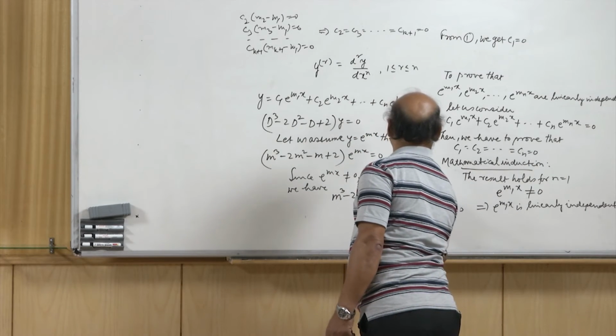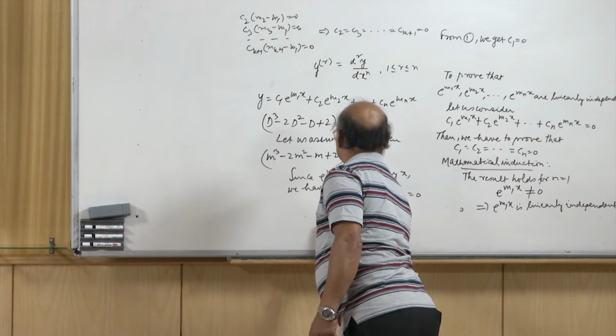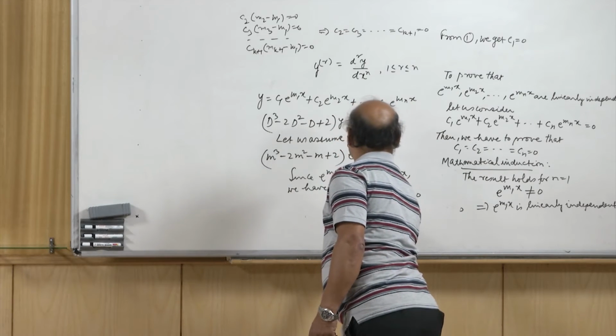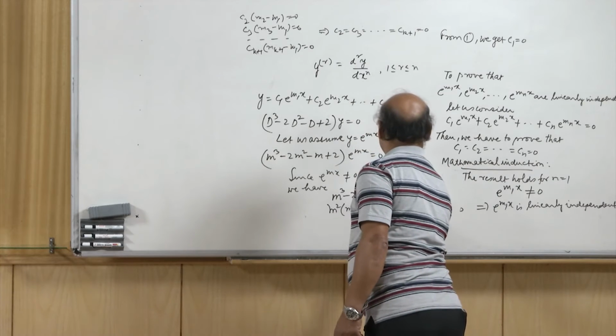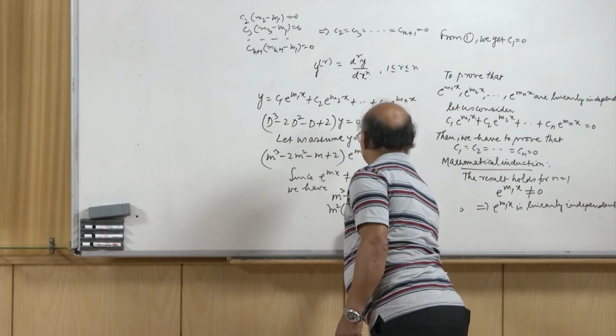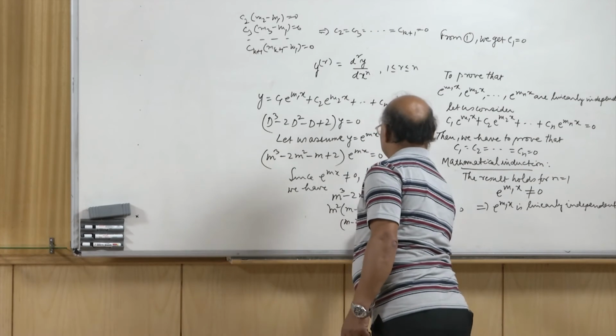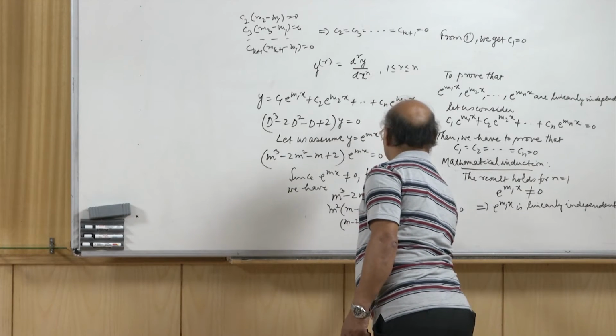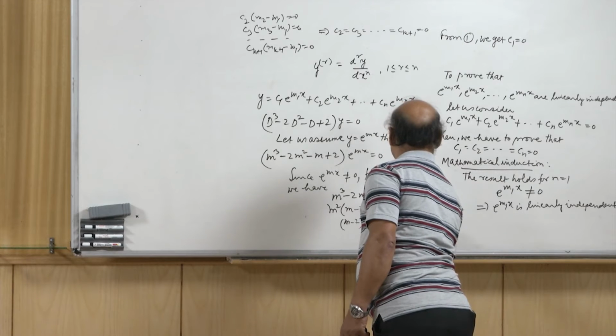Now, we can easily factorize this equation. So, m square times (m minus 2) minus 1 times (m minus 2). So, the factors are m minus 2 and m square minus 1. So, we can write (m minus 1) into (m plus 1) equal to 0.